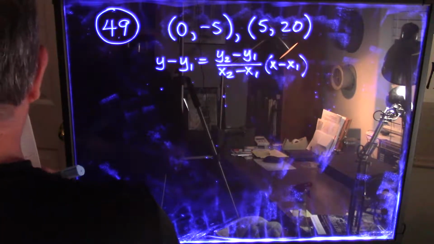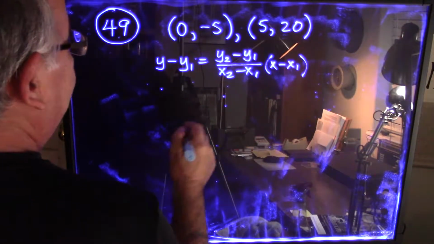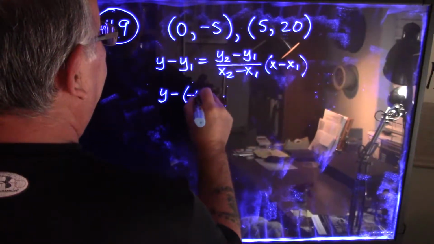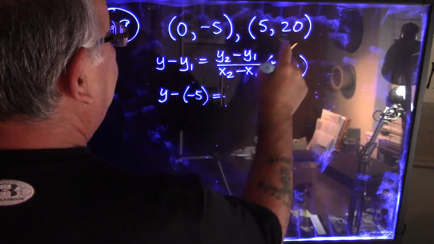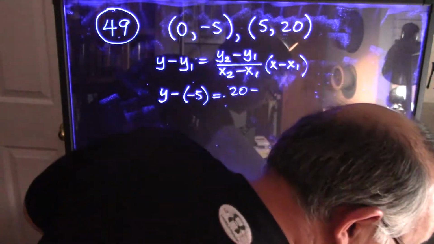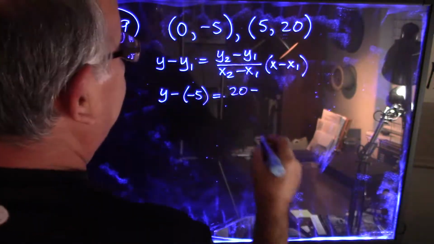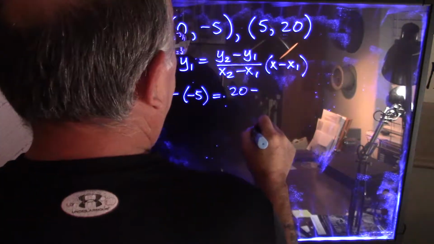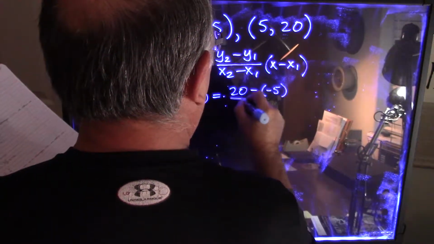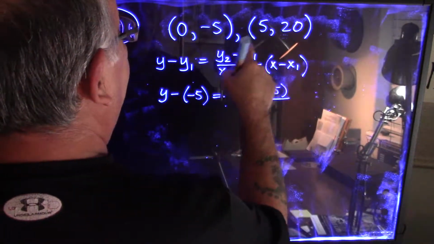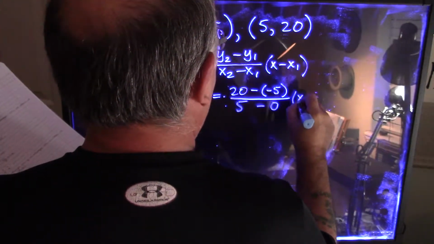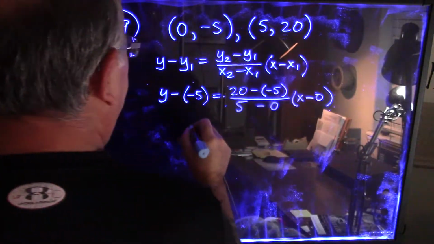So we've got y minus y1, or y minus -5, equals y2, which is 20, minus y1, which is -5, over x2, which is 5, minus 0, times x minus 0.